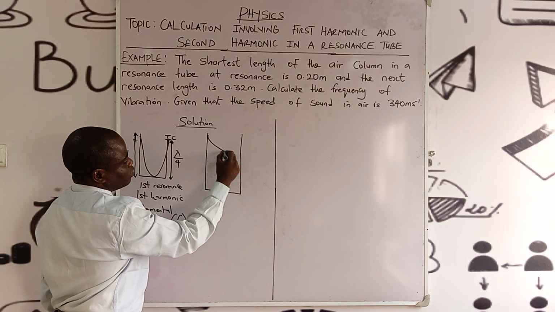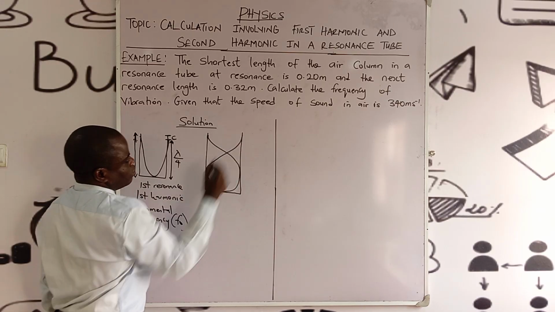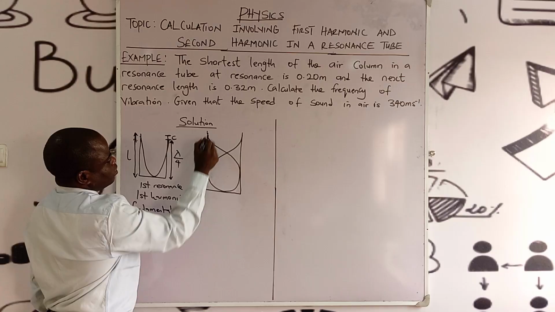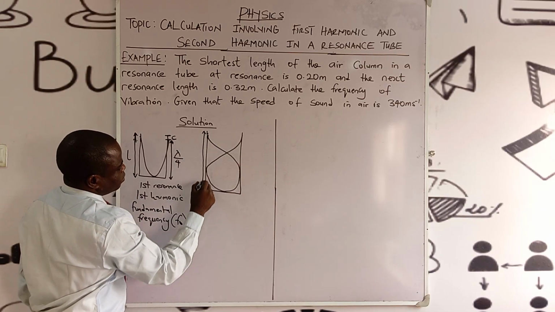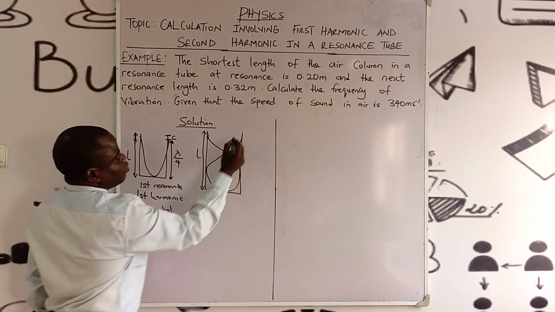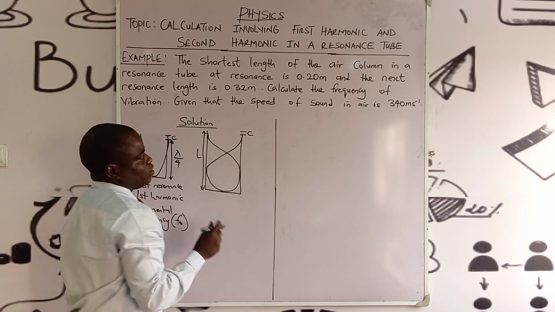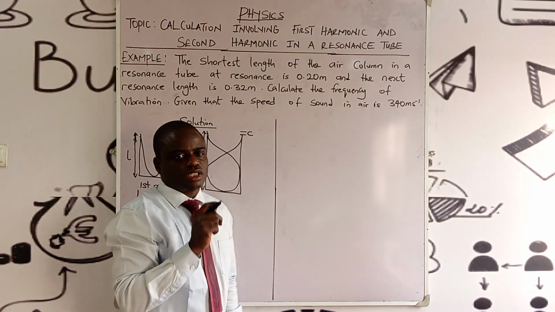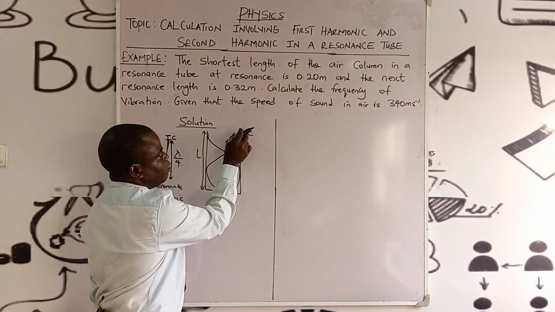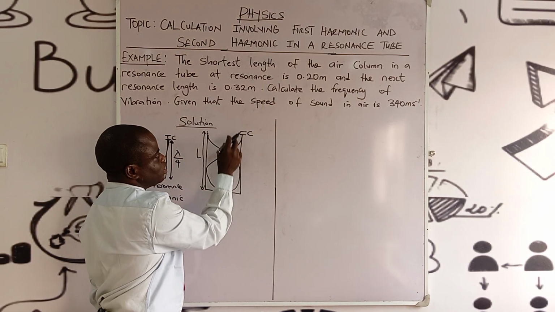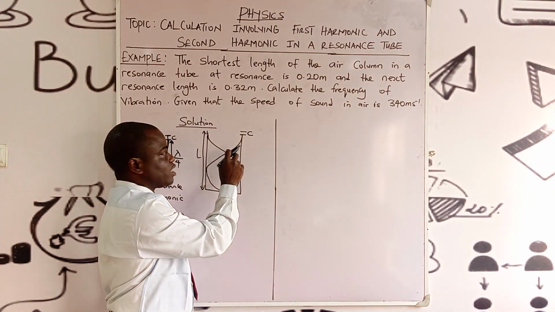Let's see, you can see it. The length L, but at the upper end there is end correction, which is very close to your mouth. When you're blowing air into the pipe, your mouth will be very close to the end, which is very negligible, it's insignificant.